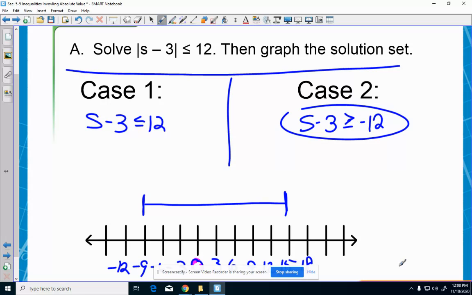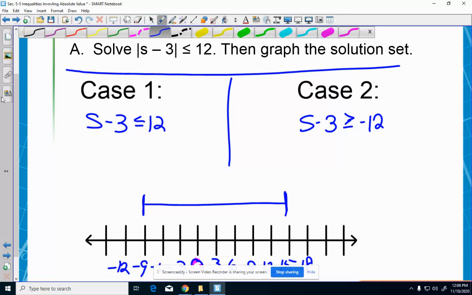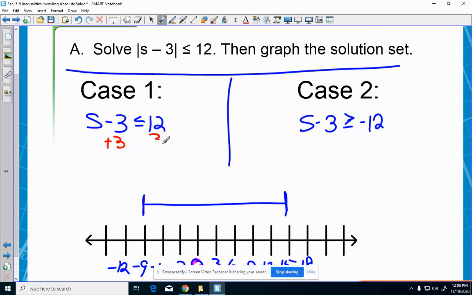So in an equation, I was just changing that value, but in an inequality, I actually will need to take that sign and change it as well. Now, these are simple little one-steppers to solve, right? If I add 3 here, I get less than or equal to 15, right?